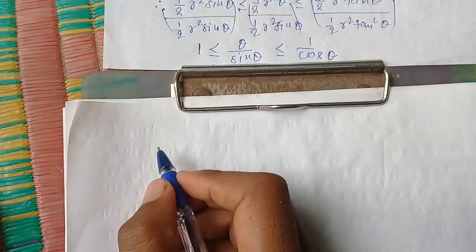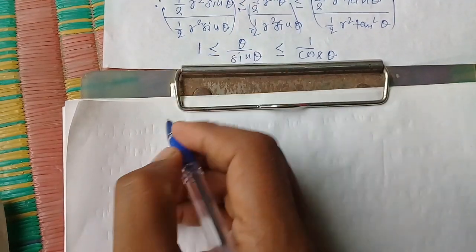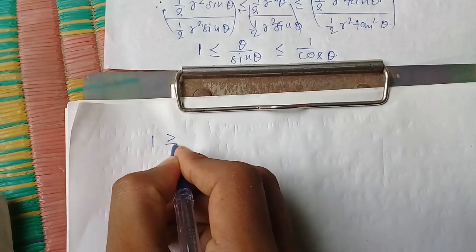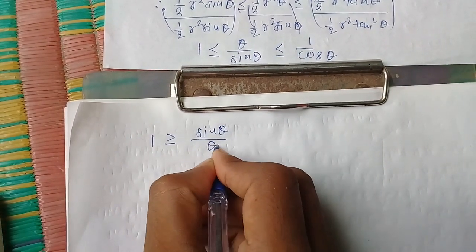Now if we reverse, 1 is greater than or equal to sin theta by theta.